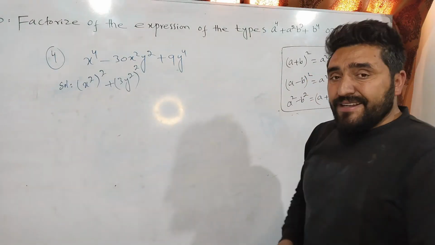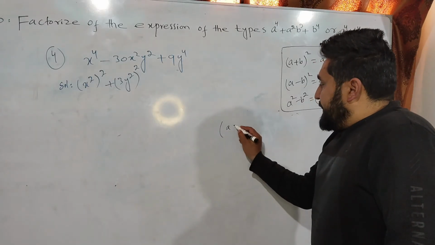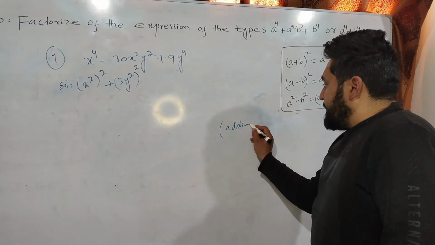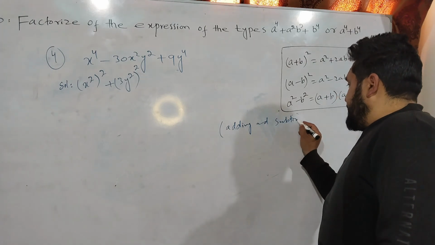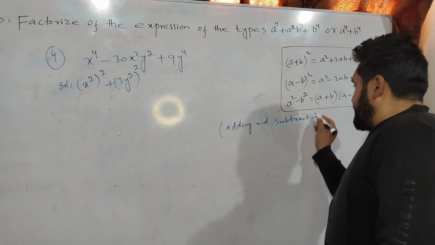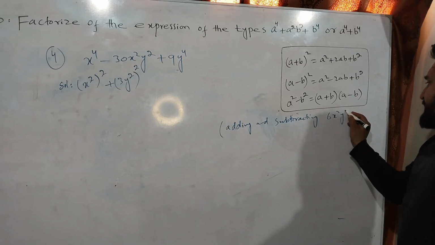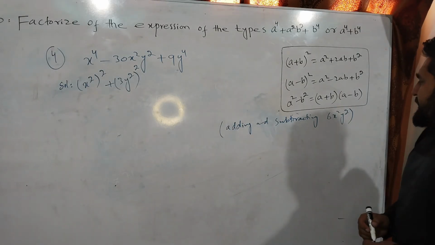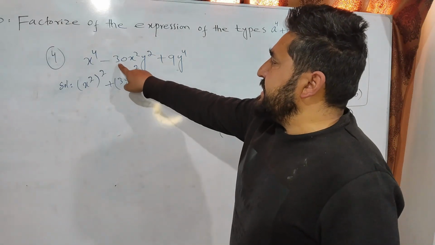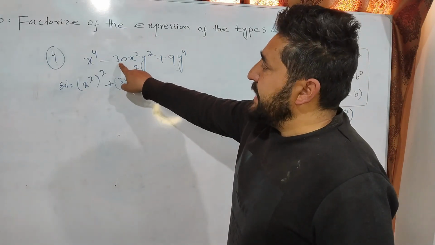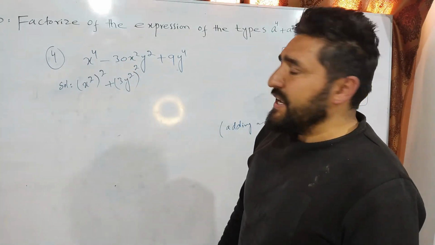So we have to add and subtract something. Adding and subtracting 6x square y square. Why do we add and subtract 6? Because if we subtract 6x square y square with this one, it becomes minus 36x square y square.